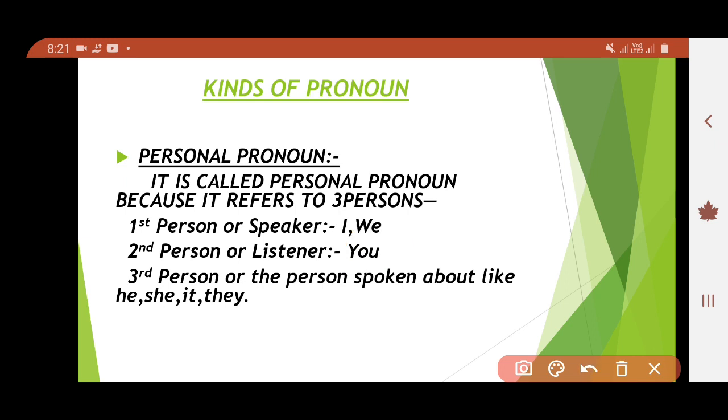And the third person, or the person about whom we are speaking, if you are going to speak or write about that person, then we have to use he, she, it, they. Okay. So what is personal pronoun? Personal pronoun refers to three persons. First person or the speaker, second person or listener, and third person or the person spoken about. Let us look for some examples now.